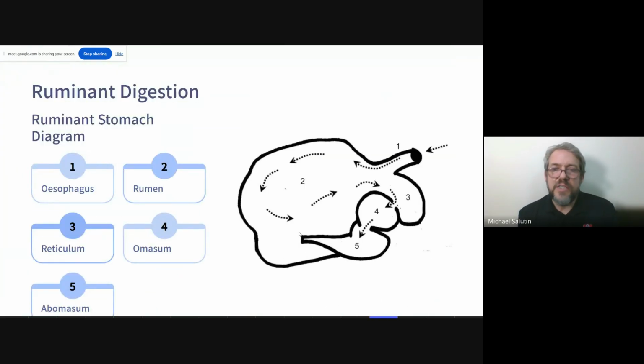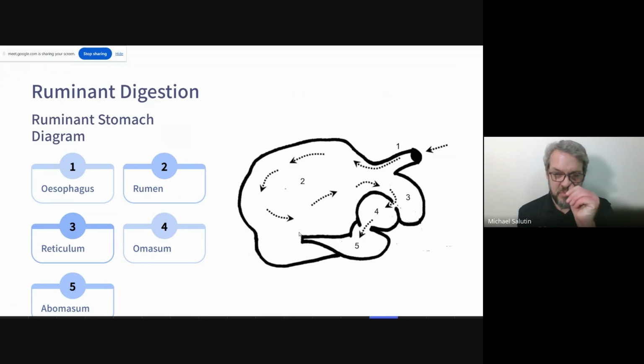And this is the diagram that you should know for this with the 5 stages. So we're going to link these stages to the processes for ruminant digestion. And you can see in number 1, that's the esophagus, just like we have. But then it moves on to this very large chamber, number 2, called a rumen.